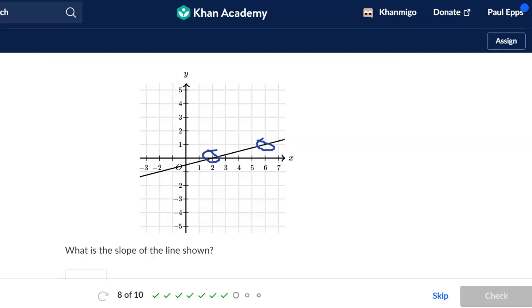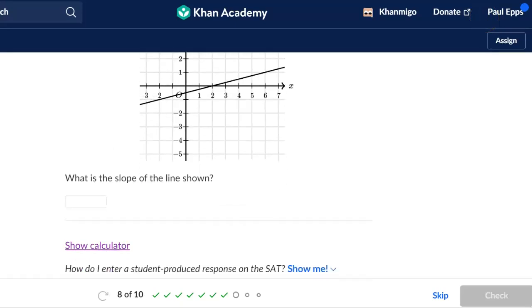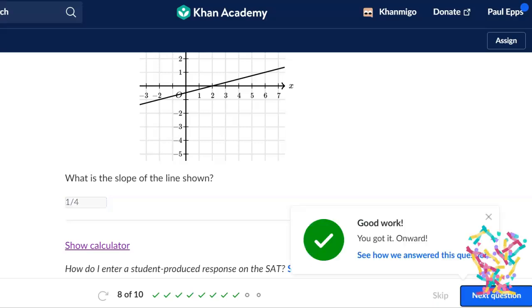So the rise there is 1 minus 0, which is 1. The run is 6 minus 2, which is 4. And so the slope is 1 over 4.